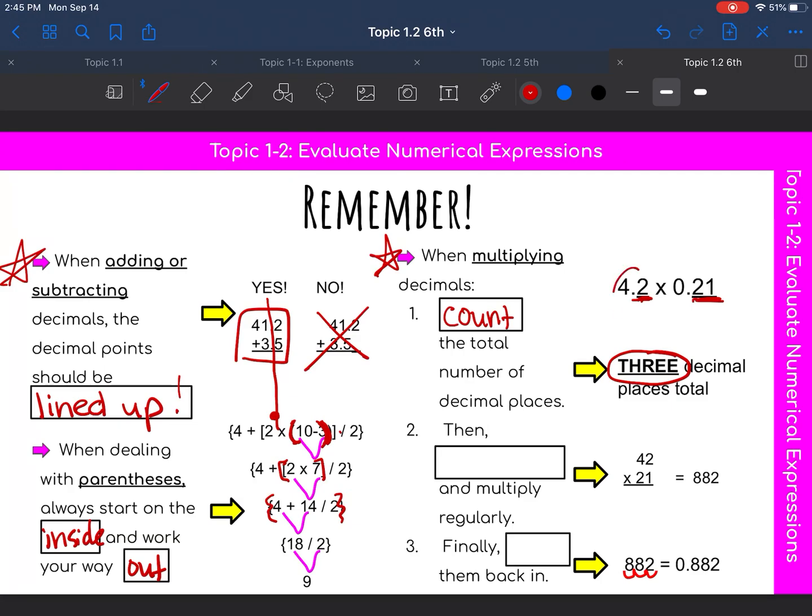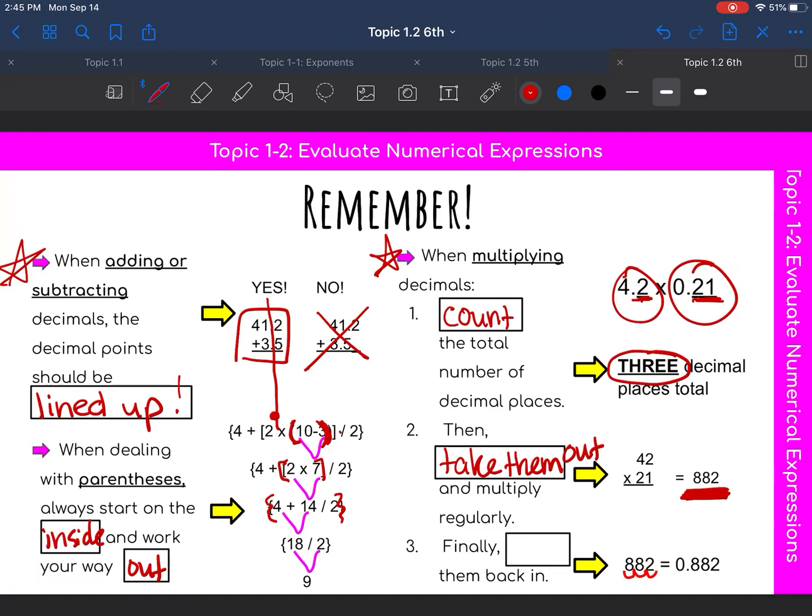Here we don't have 4 and 2/10 anymore, or 21/100ths, we have 42 and 21. So you take them out and multiply regularly like you usually would, and you get 882 for this example.